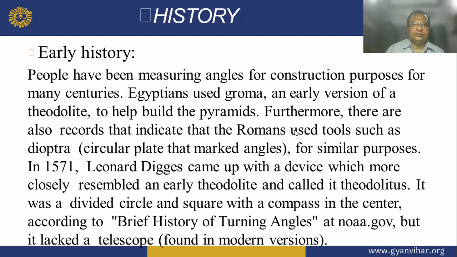Now we will take a look at the history of the theodolite. People have been measuring angles for construction purposes for many centuries. The Egyptians used the groma, an early version of the theodolite, to help build the pyramids. Do you know the pyramid?